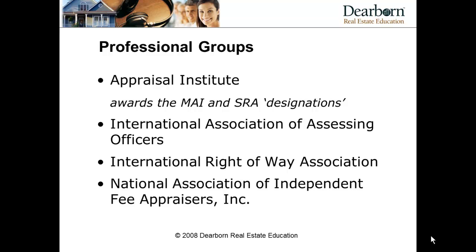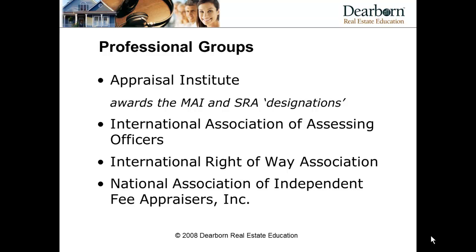There's a group that specializes in relocation appraisals, where a company may purchase the home from one of their employees that they're going to have moved to another location, and I know that organization requires or strongly recommends the SRA, which is the residential designation from the Appraisal Institute.